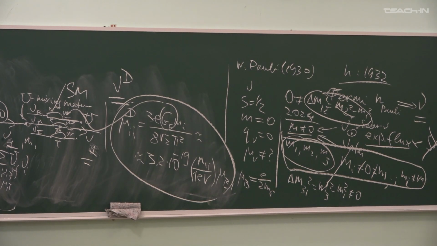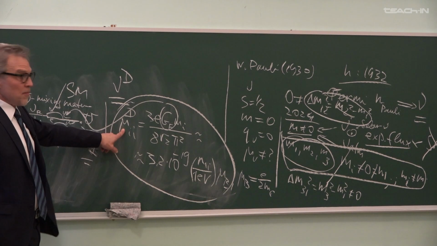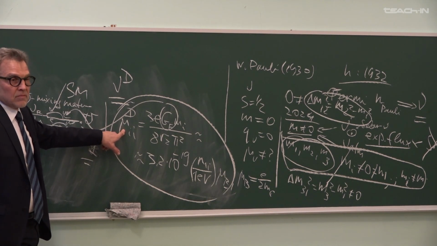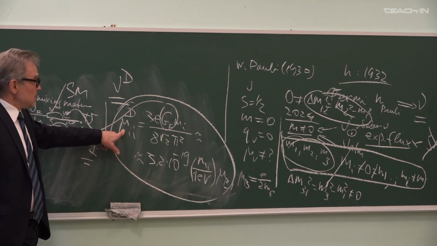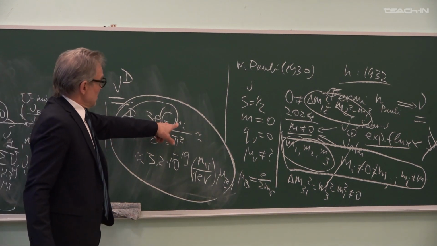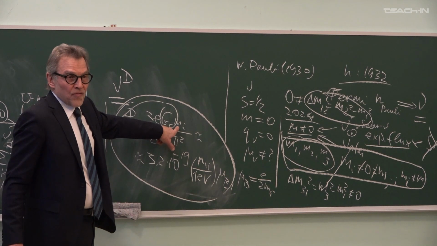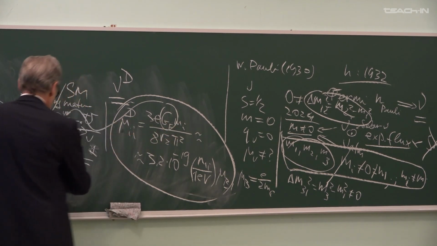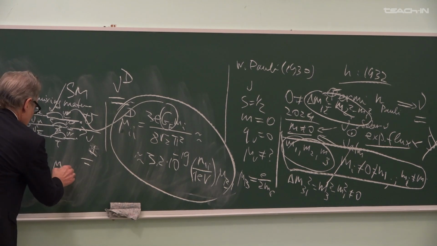So if we accept, and it is proven experimentally, that the mass is not 0, then the magnetic moment of the mass states of neutrinos will be not 0. At least 2 of 3. So we have 3 different magnetic moments.